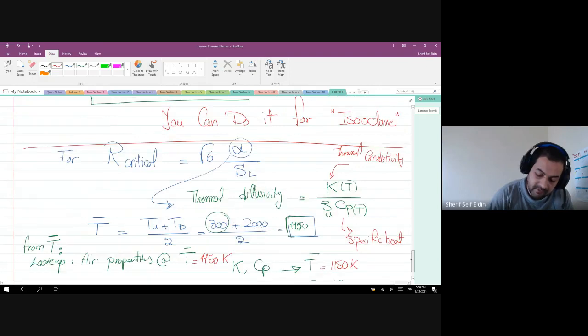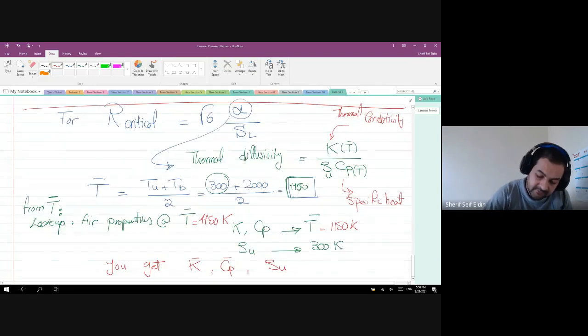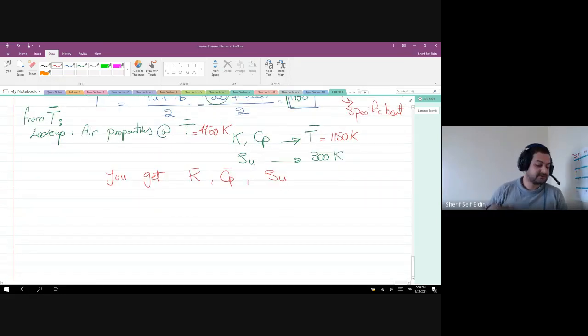When you get those, you can get the thermal diffusivity alpha. And once you have the thermal diffusivity and the laminar flame speed at each condition, or each set of the previous problem, you're going to get the R critical for each of the operating conditions.